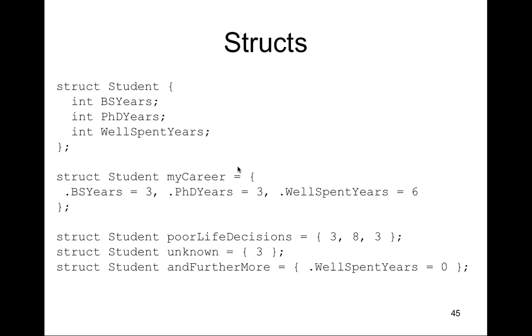And we're going inside here. We're leaving out because we don't actually have a dot anything. I mean, we have a dot because we're going inside of the students. We're going to put BS years dot, is equal to 3. So we're creating an instance of it essentially, or initializing, the PhD years is 3, well spent is equal to 3.